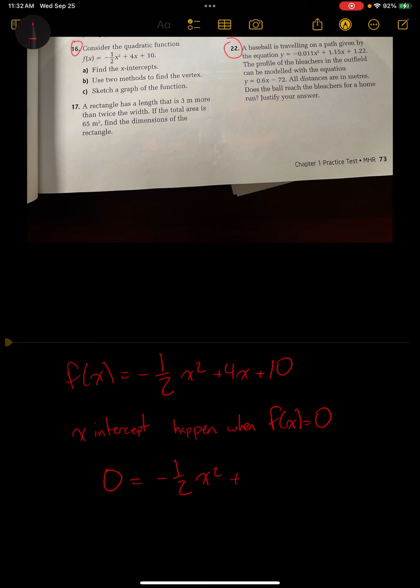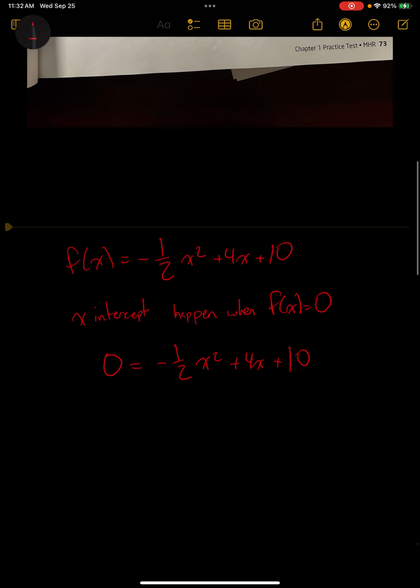Minus half x squared plus 4x plus 10. And the first thing we're going to do is multiply everything by 2. So multiply 0 by 2, I get 0. Multiply that by 2, I get minus x squared. 4 times 2 is 8x, plus 10 times 2 is 20.